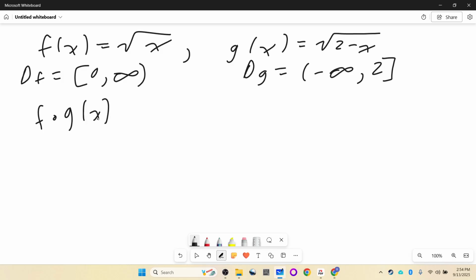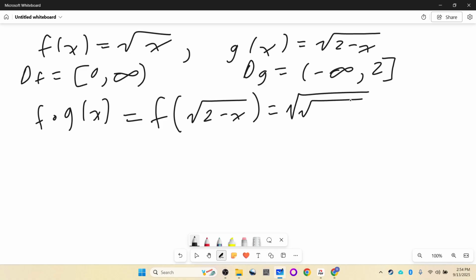Well, let's just do this formally at first. Let's just plug it in and see what it would give us. We would get f of square root of 2 minus x. And then we'd plug that 2 minus x in here. It would be square root of 2 minus x.